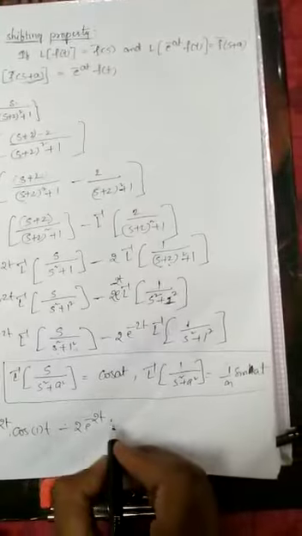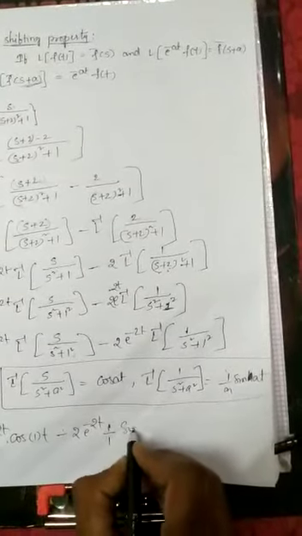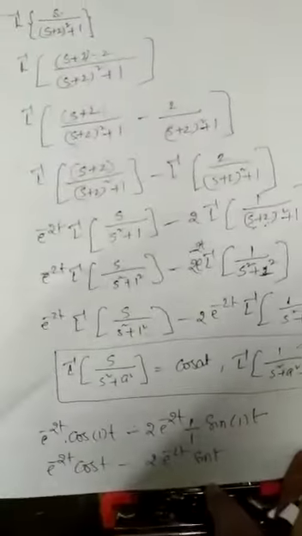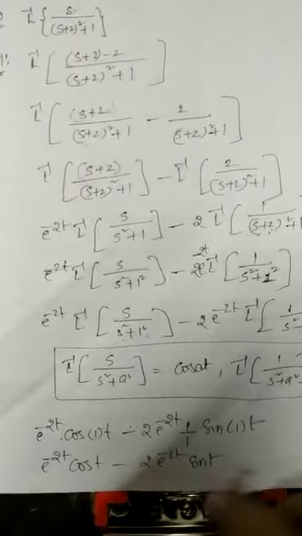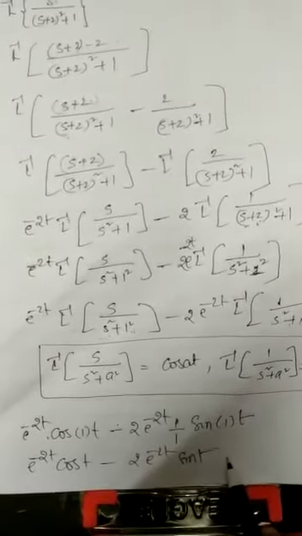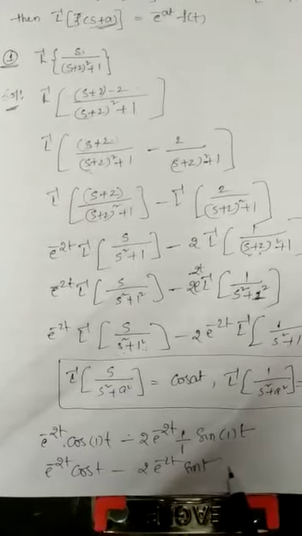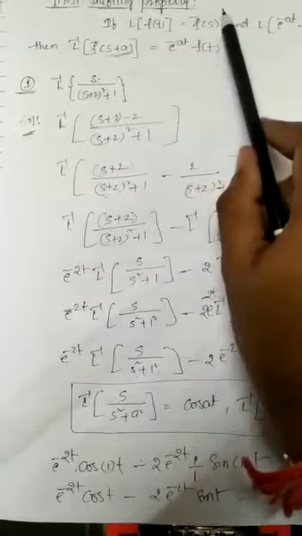So what you will get? 1 by a, that is 1 by 1 sin at, sin 1 into t. So what you will get? E power of minus 2t into cos t minus 2 into e power of minus 2t into sin t. So that is the inverse Laplace transformation of the given function by using first shifting property.